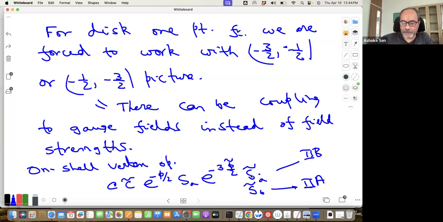Instead of S tilde A, we have to use S tilde A dot. And it's the opposite for 2A. In 2A, in the -1/2 picture, they had opposite chirality. In the -3/2, -1/2 picture, they'll have the same chirality. Because in the left sector you have taken -3/2, in the right sector you have taken -1/2. Is this clear?